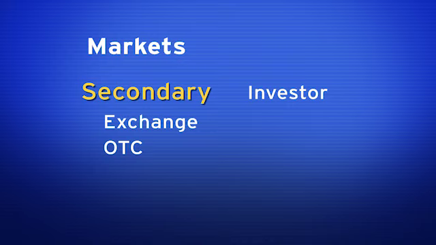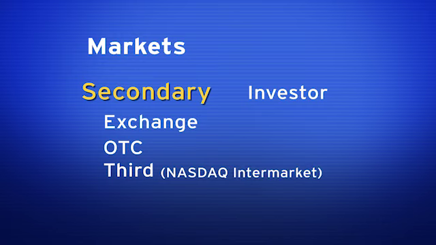Another secondary market is the third market, also known as the NASDAQ intermarket. Now, this is a market where listed securities, securities that typically would trade on an exchange, would trade over the counter. Maybe we could get a better price over the counter.